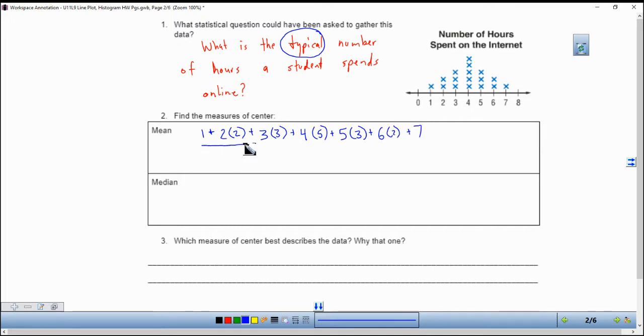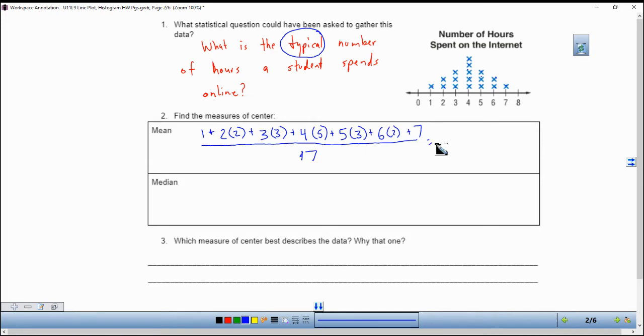We're going to divide that whole thing by how many data points there were. So let's count those up. 1, 2, 3, 4, 5, 6, 7, 8, 9, 10, 11, 12, 13, 14, 15, 16, 17. Yikes. All right. Let's add those up.